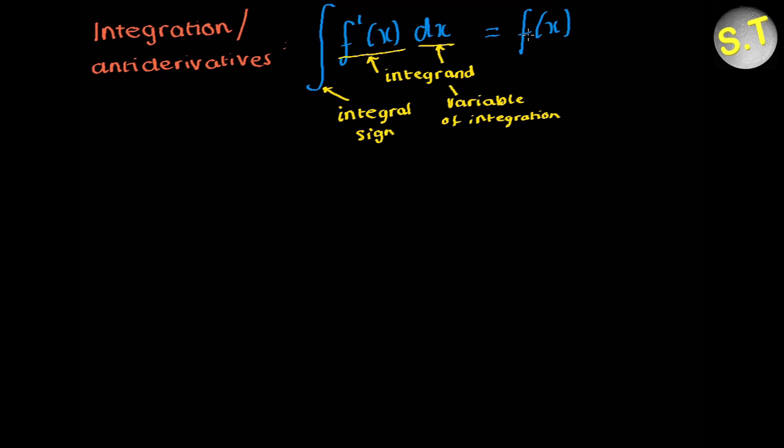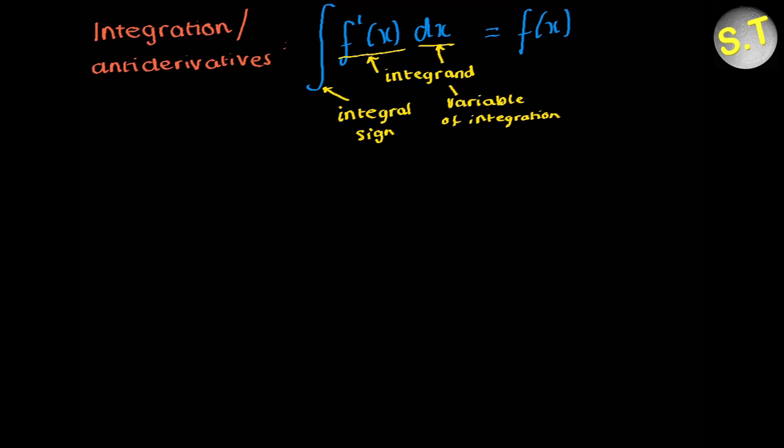And f of x is just simply our original function. So the integral of the first derivative with respect to x is equal to the original function, which leads to the name antiderivatives.